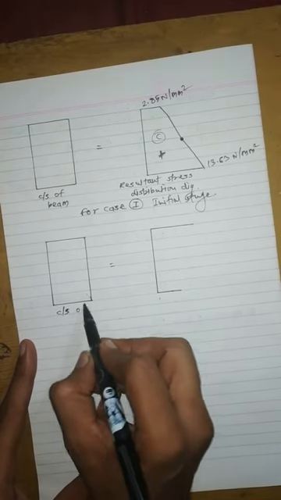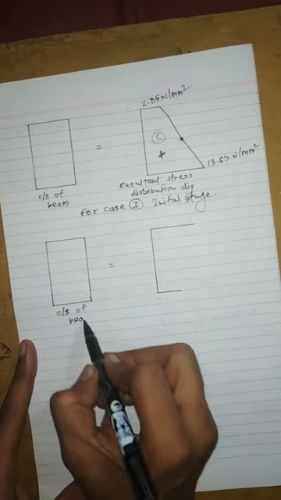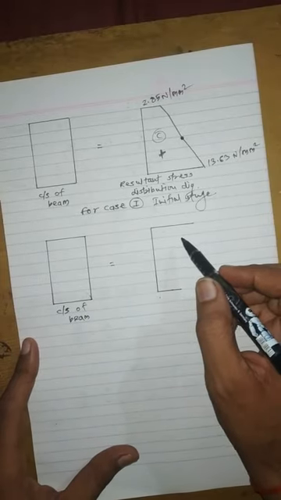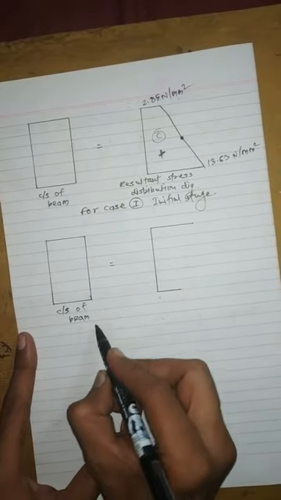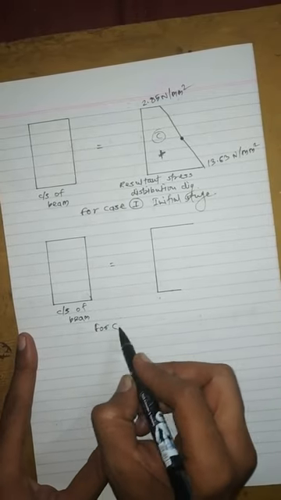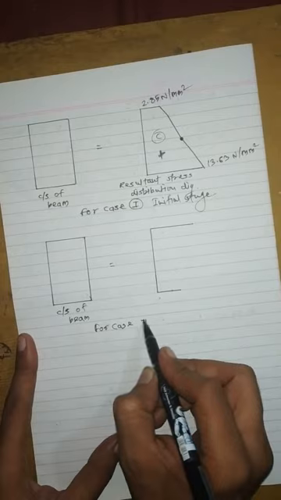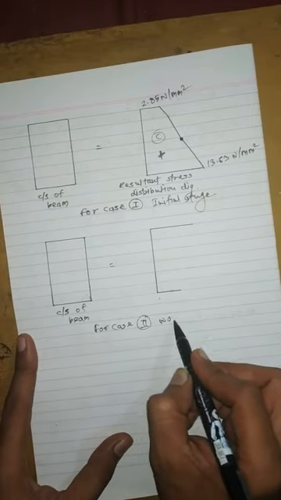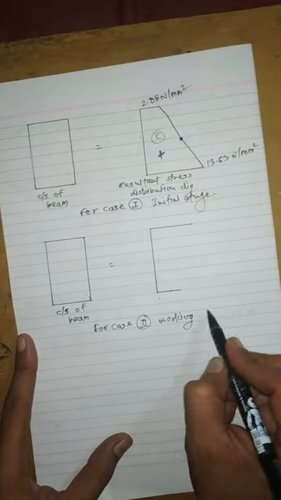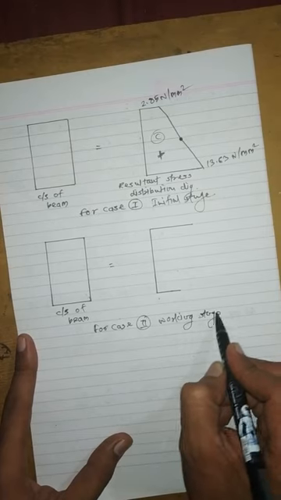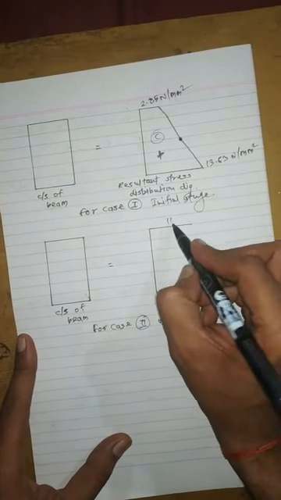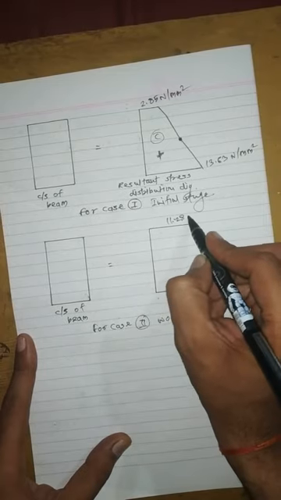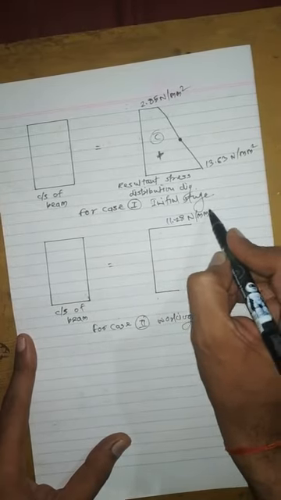Then next again for final condition or for working stage. So first the cross section of beam, then we find resultant stress in second case, that is at working. So case 2 for working stage. For working stage, resultant stress at top is 11.28 Newton per mm square. Nature is compressive.